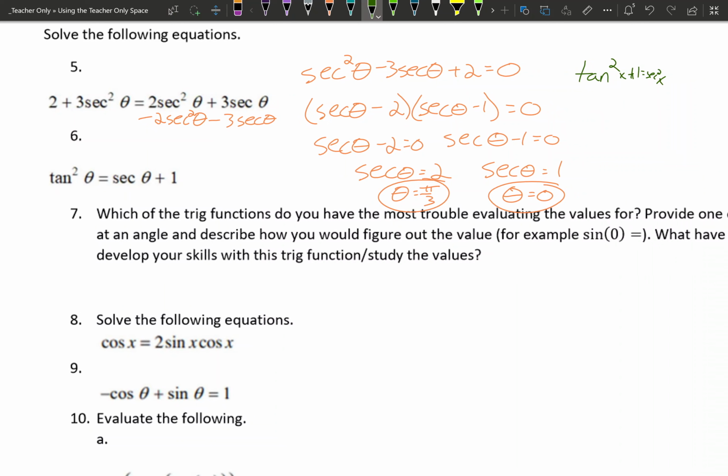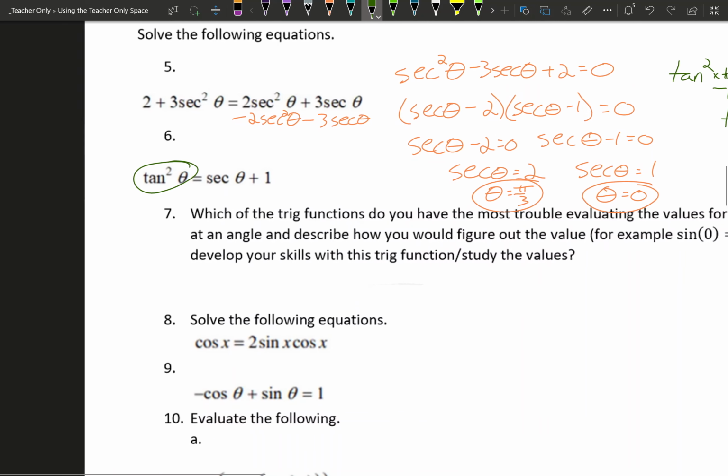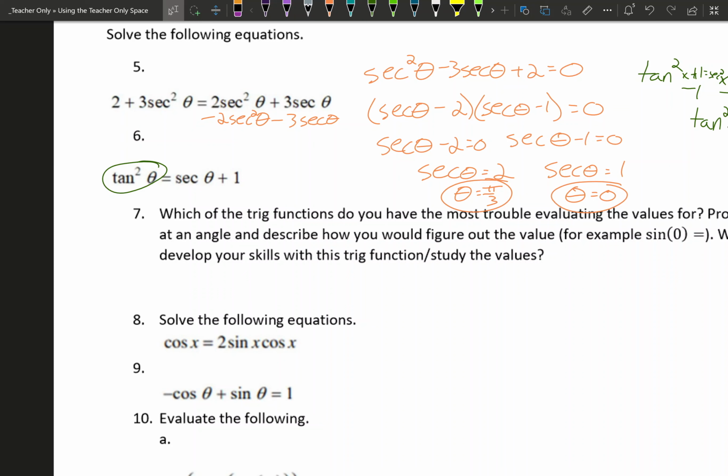And I know that there were some issues with this specific problem, with people not knowing what to do with that plus 1. We can manipulate the identities. If you subtract 1 from both sides, you know that tangent squared x is secant squared x minus 1. And then we can take this secant squared x minus 1, substitute it in for your tangent squared, well, theta, and then the entire problem is in terms of secant.